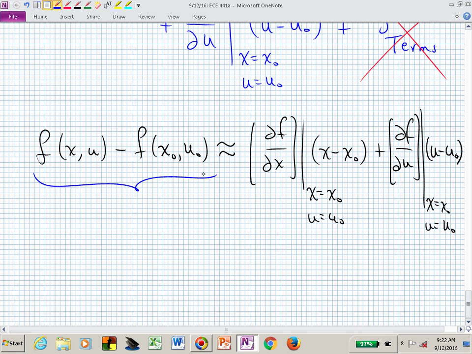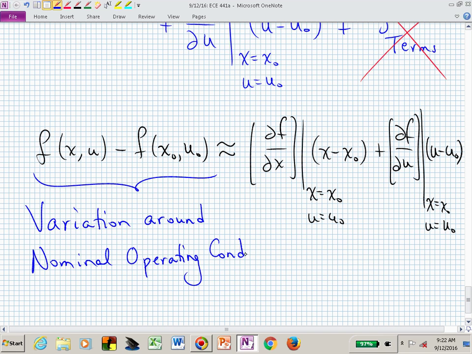Where this left side is really this variation around a nominal operating condition.